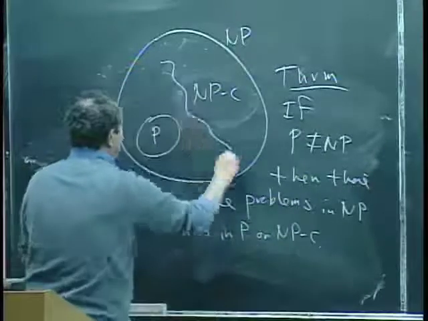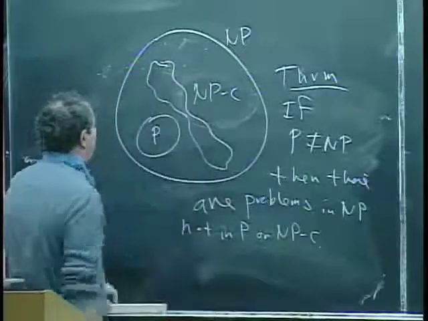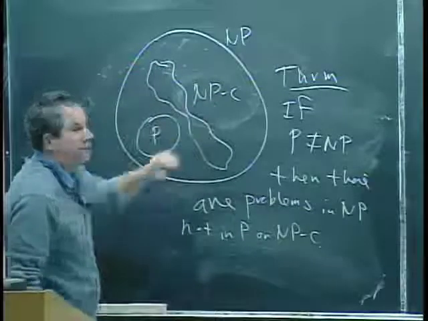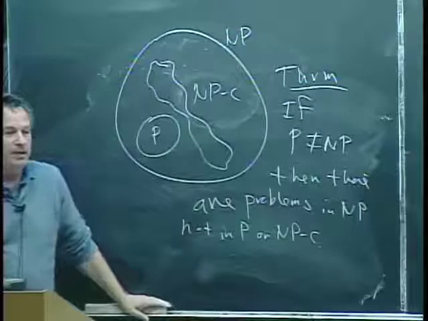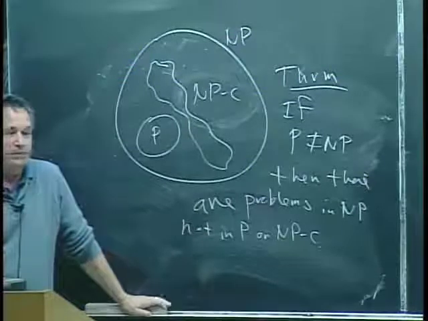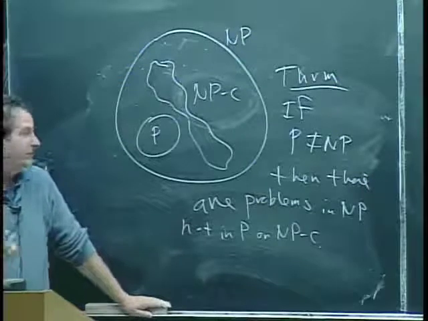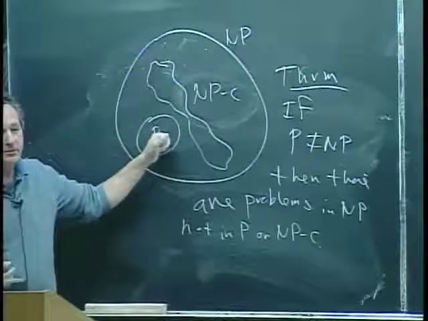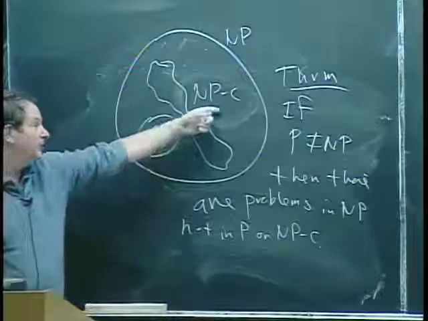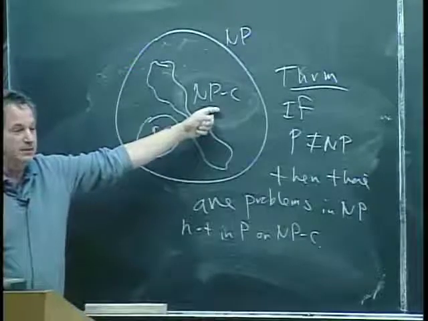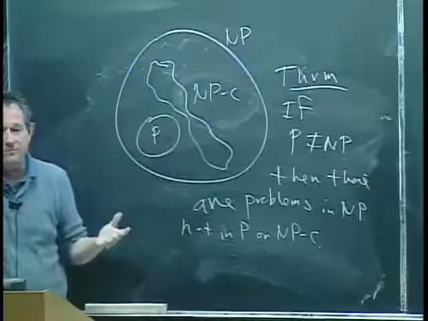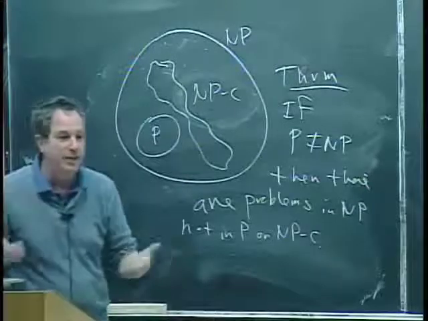So there's some set of problems in here that are neither in P nor NP complete. And that means you could be very unlucky. The problem that you're trying to resolve, you can't show it's in P because it's not. You can't show it to be NP complete because it's not. And so you're just left with failure, just left not knowing.